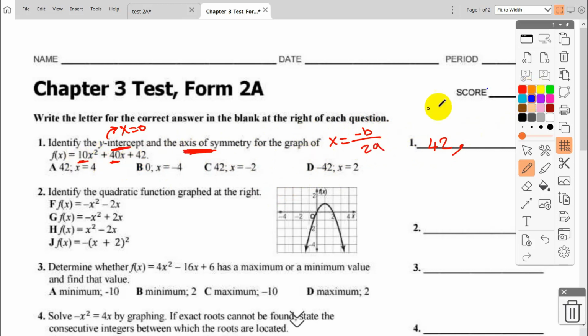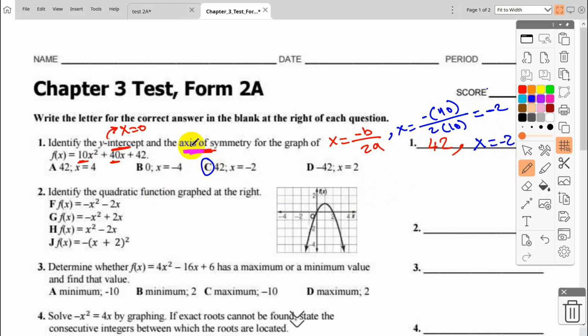So I'll substitute here: x equals negative 40 over 2 times 10, which is negative 40 over 20, it will be negative 2. So x equals negative 2. The right answer will be letter C.